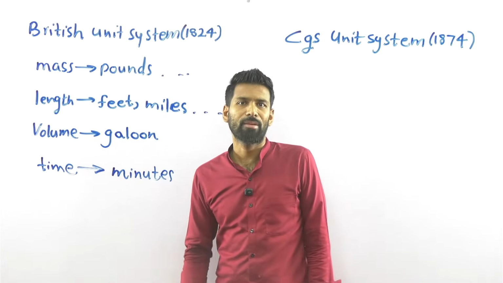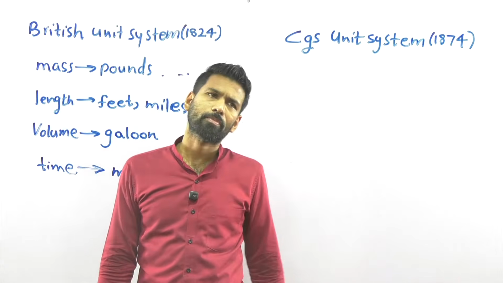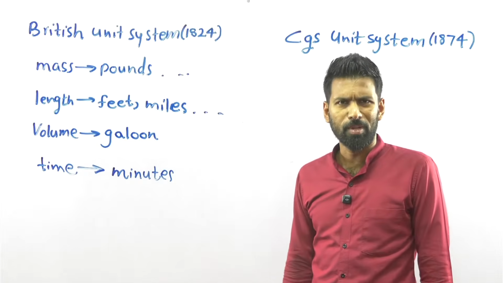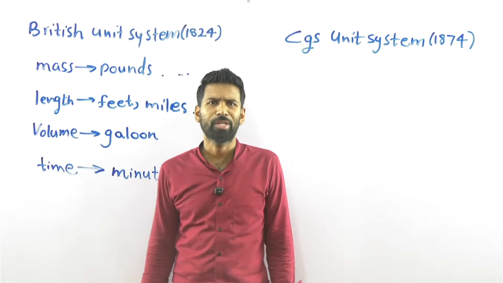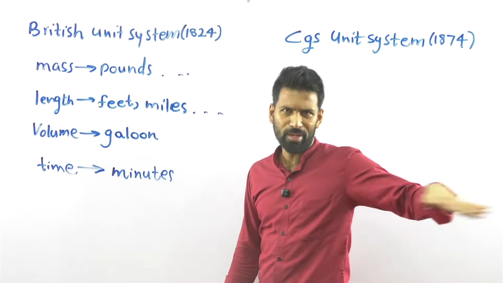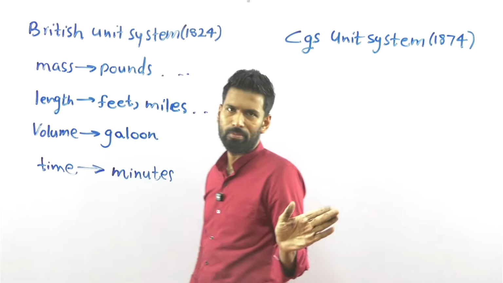But remember that, you can have a Google search. When this British unit system was introduced, there was no specified newer unit to measure time. As there was time, these minutes were always there. In that era, we can say minutes, no one will blame us.